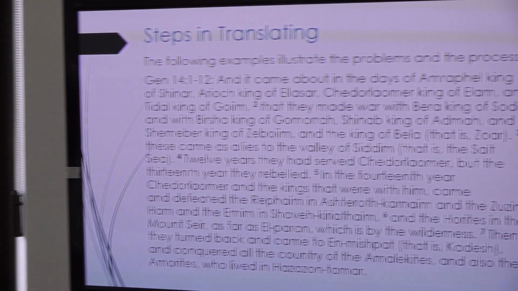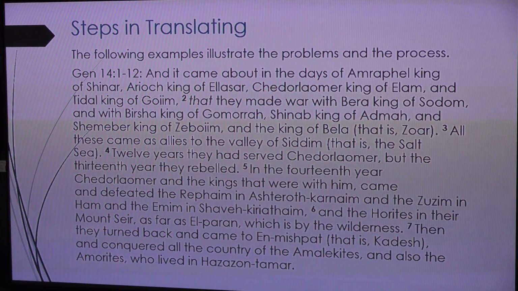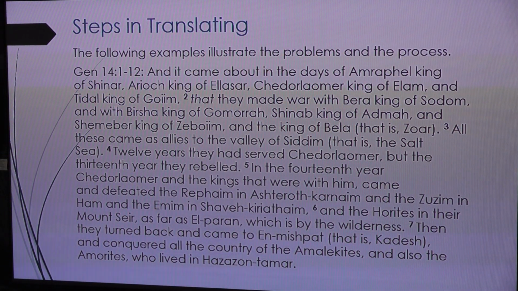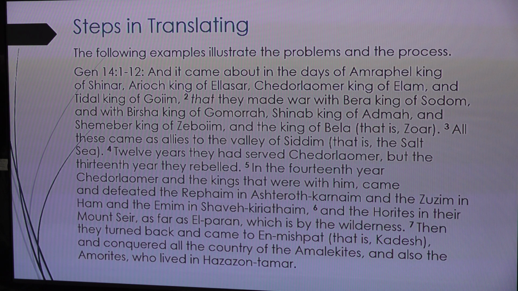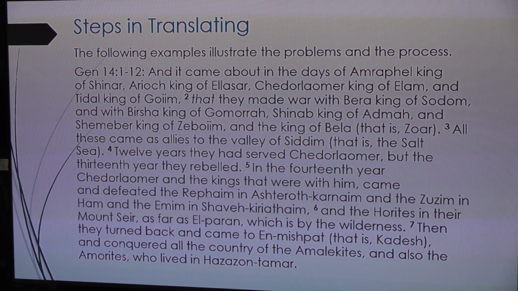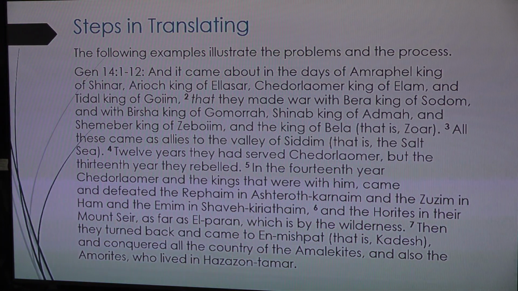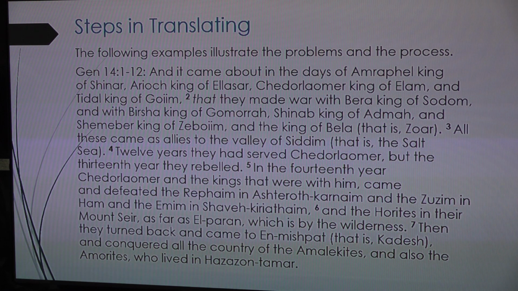Okay, so in the 14th year, they came and defeated the Rephaim, etc., etc. So one of our questions was, where did this happen? Where did they come from? And where were these particular people living?